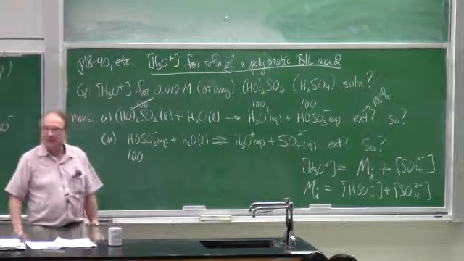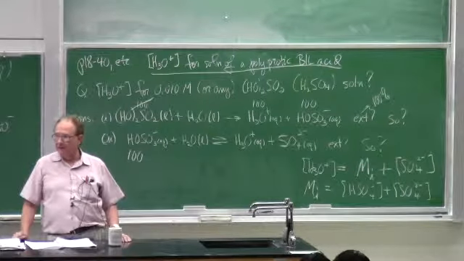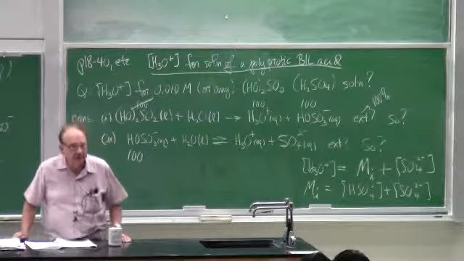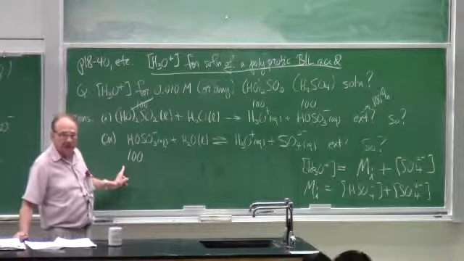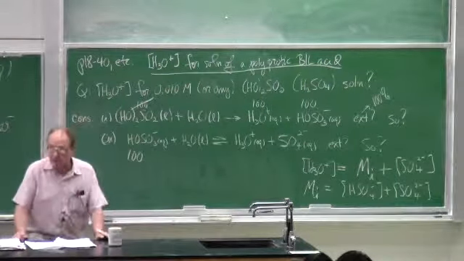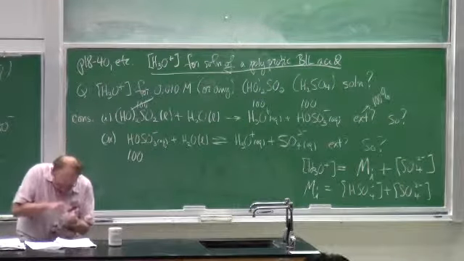Now, let's pick an extent. You pick. What do you want? 25%. We're going to pick the second reaction going 25%. Now watch out, this is really tough. 25% of 100.